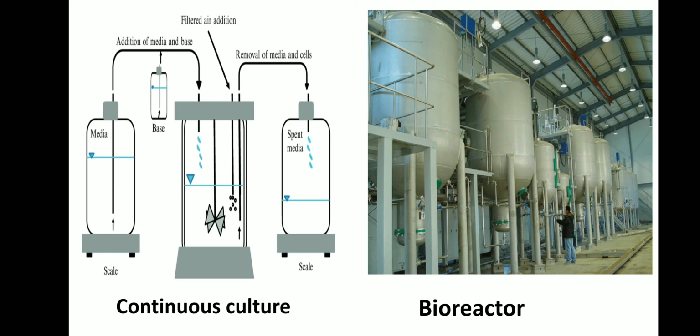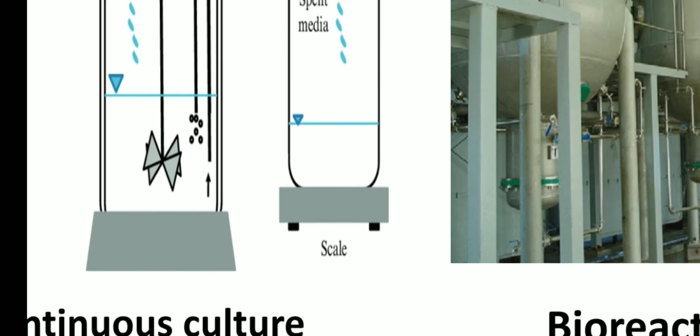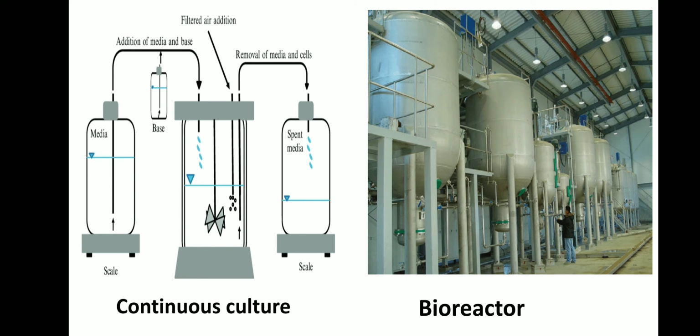When we culture the transgenic cell, from that culture we take some transgenic cells into a suitable media, and then after growth of that cell, it is transferred again into another media, and again from that cell into another media, and this culture is repeated on a small scale. This is called continuous culture.